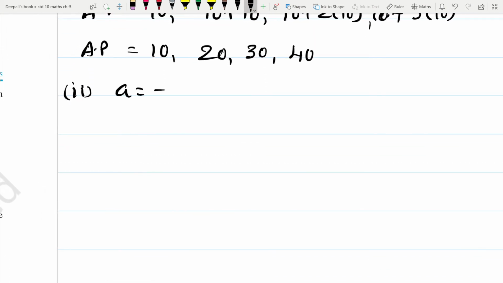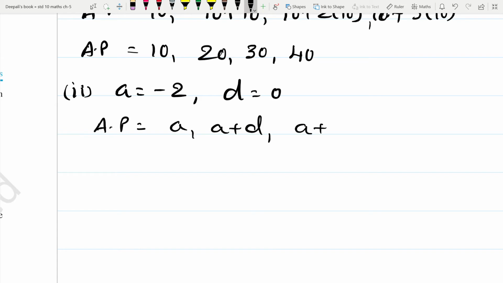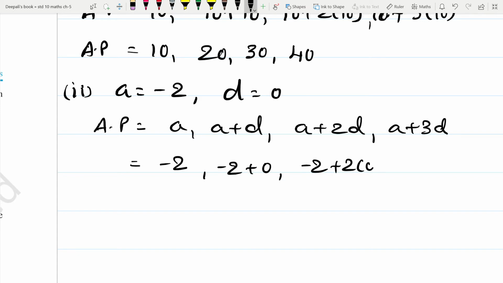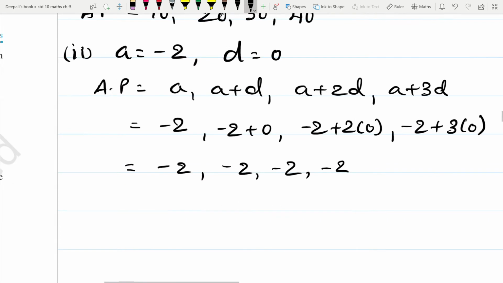Number 2, A is equal to minus 2, D is equal to 0. So now AP is equal to A, A plus D, A plus 2D, A plus 3D. So minus 2, minus 2 plus 0, minus 2 plus 2 into 0, minus 2 plus 3 into 0. So I get minus 2, minus 2, minus 2 and minus 2.